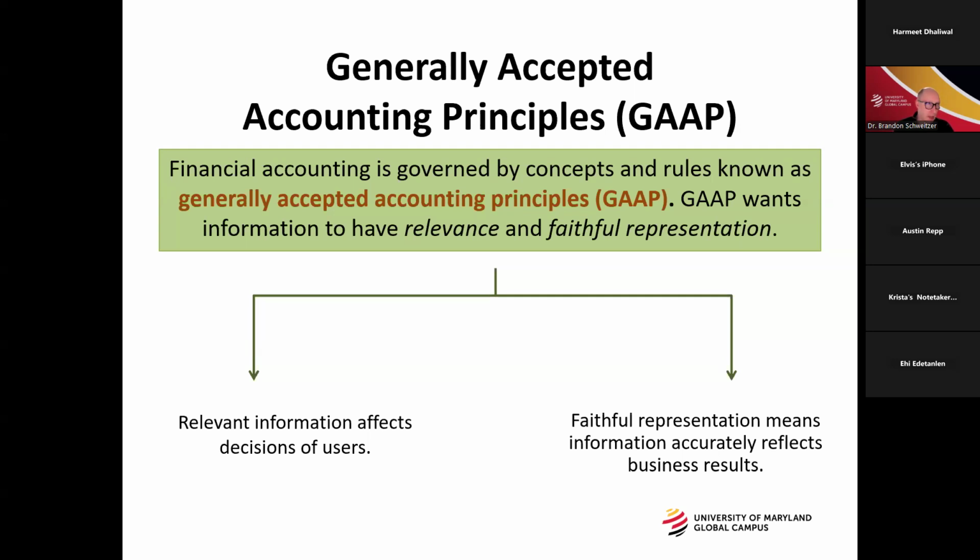It helps guide our decision-making process. Faithful representation means the information accurately reflects the business results. So the idea here is that generally accepted accounting principles validate our information. It says that yes, this is true and accurate. This is transparent. We can make decisions based off this information. That's the whole idea behind generally accepted accounting principles. They really govern financial accounting.